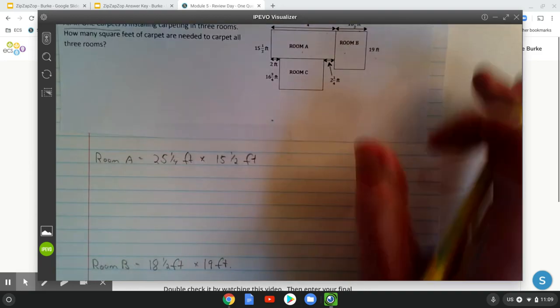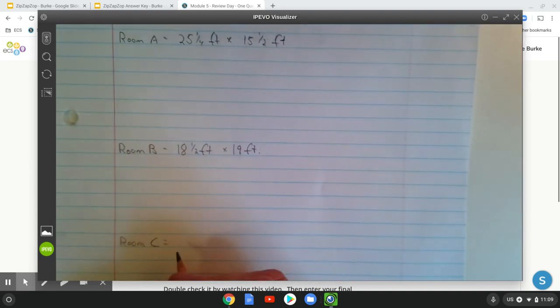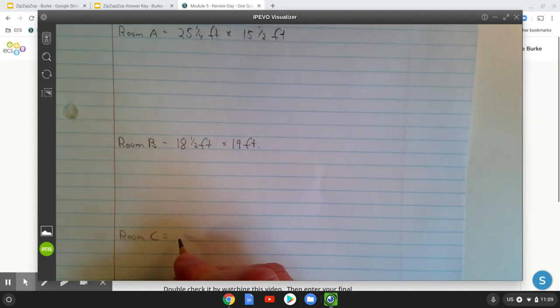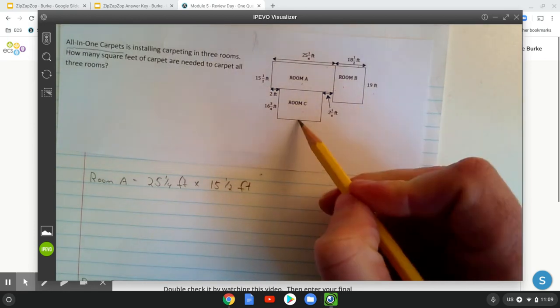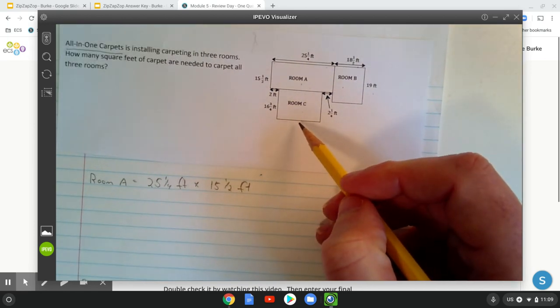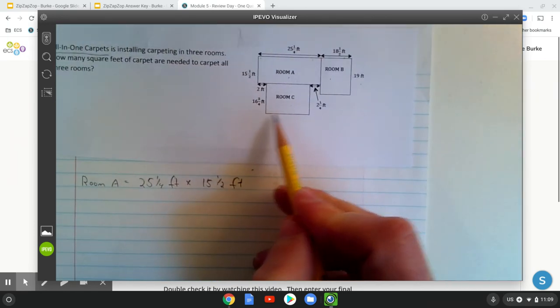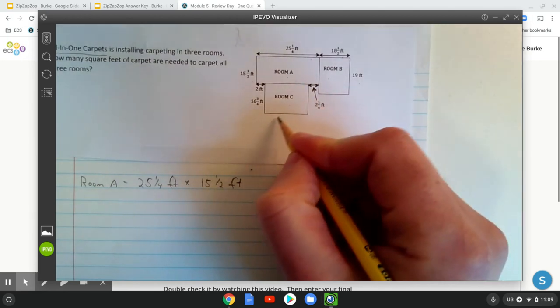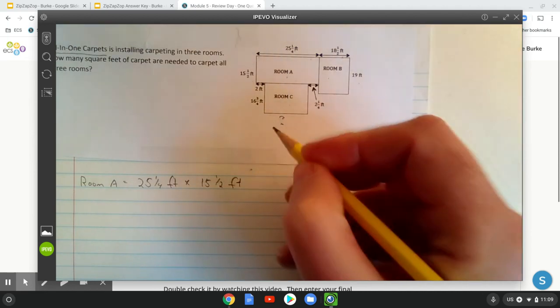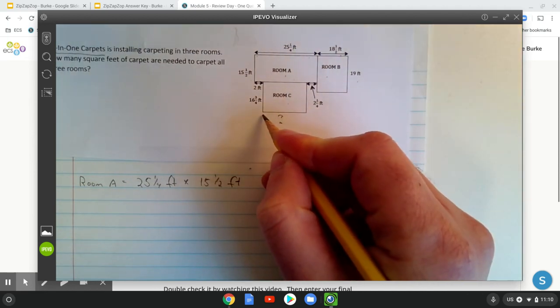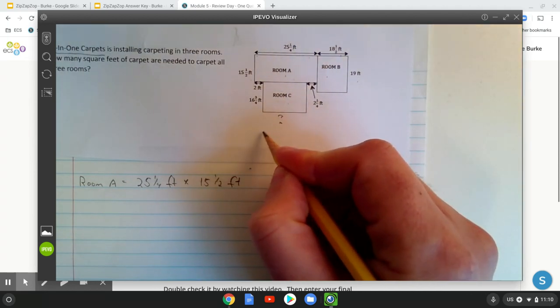So 16 and 3/4 we'll call the width. A little bit trickier since we have to do something to find the length. This is a question mark, but I know that this is 25 and a quarter.